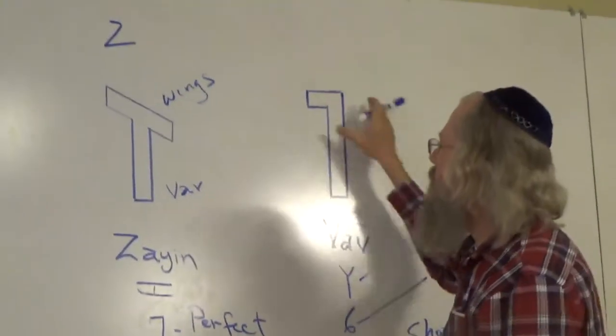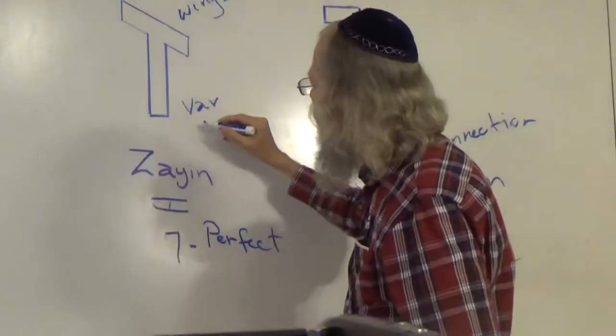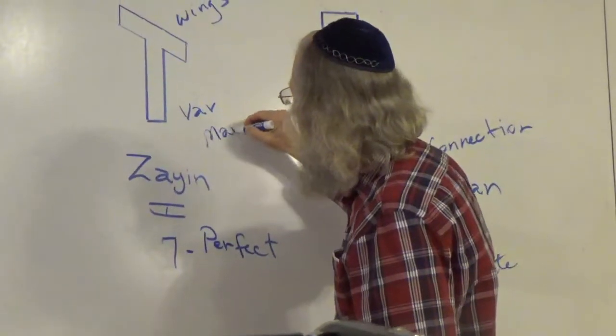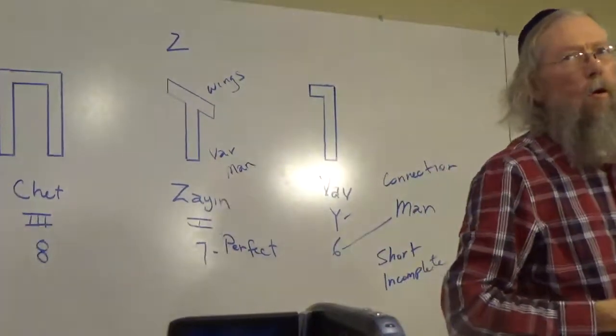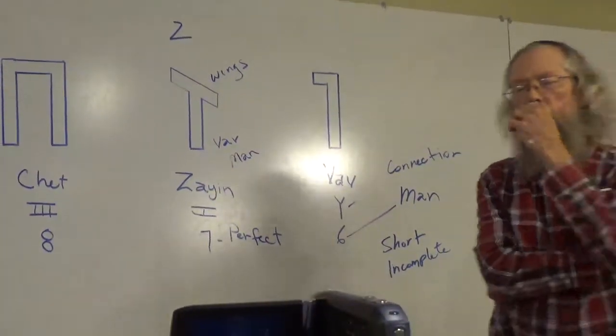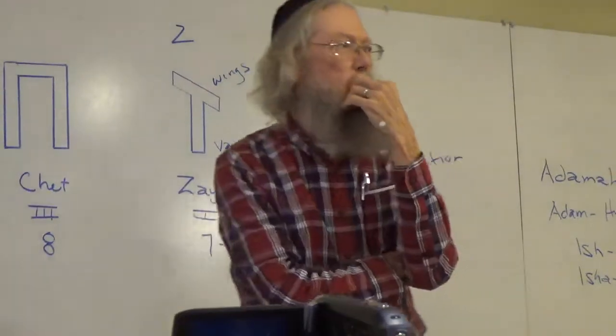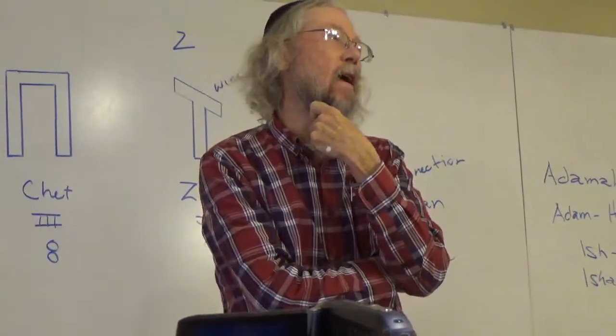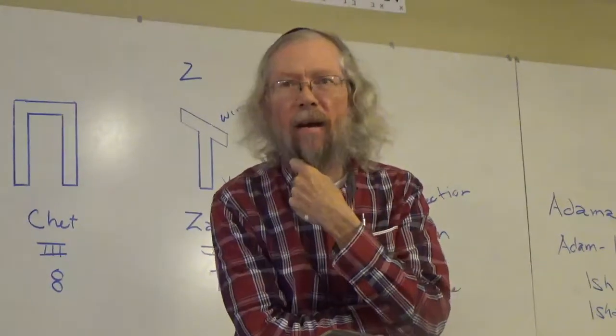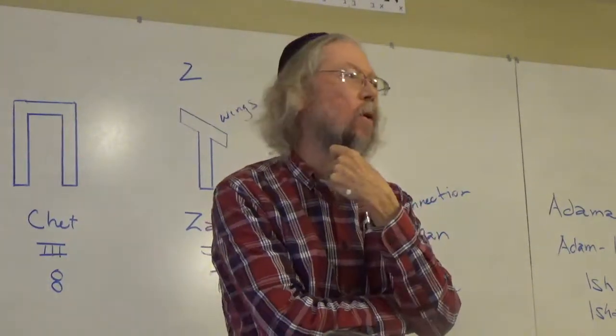He's the Vav. He's man, the man with wings. What would be a term that we would call a man with wings? So if you saw a winged man, what would you suppose you were looking at?